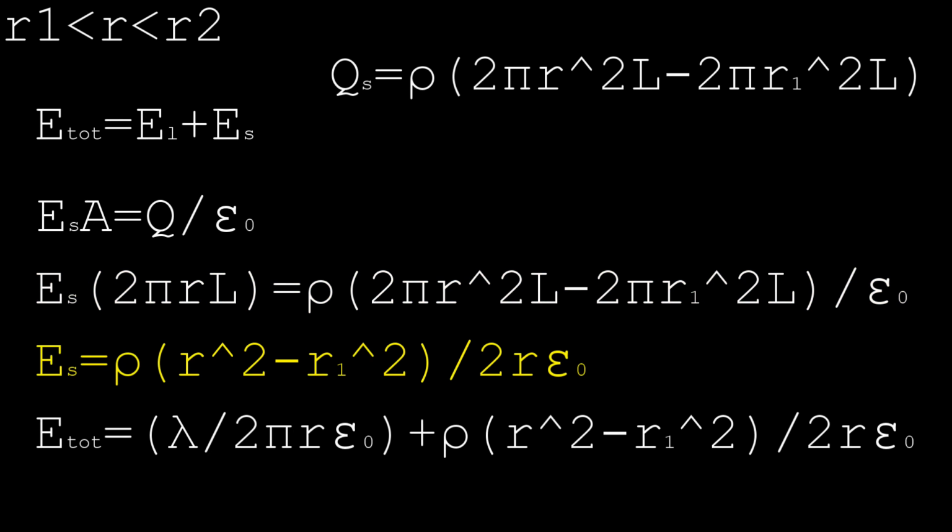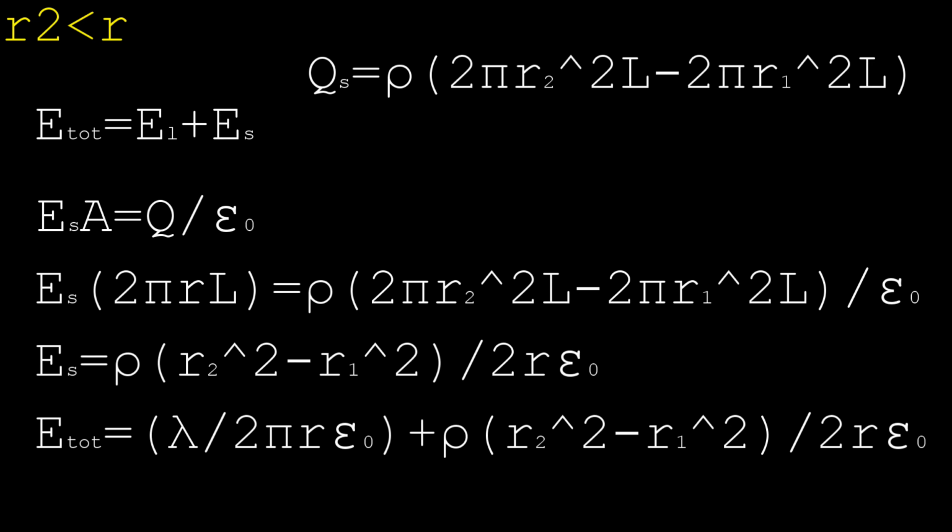Then if we move the 2 pi rL over, we'll discover that E shell equals rho times r squared minus r1 squared, because the pi's and the L's cancel out, divided by 2r epsilon naught. So the E total when r is greater than r1 but less than r2 would be the E of the line, which is lambda divided by 2 pi r epsilon naught, plus rho times r squared minus r1 squared divided by 2r epsilon naught. So this brings us to where r is greater than r2.